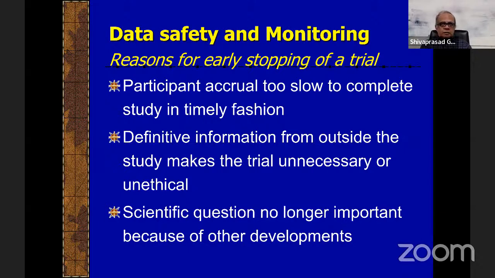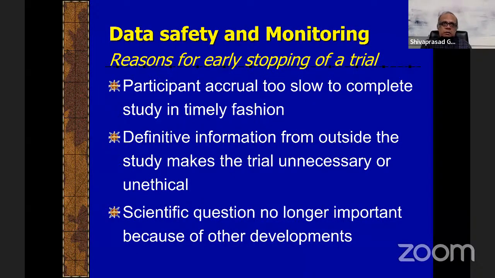The funding agency will seriously think of terminating the trial, and even the DSMB may say, well, you're taking too long to answer the research question. The question is no longer valid because there is already some other research that has been reported, which has probably answered your research question either partially or completely, and therefore there's no reason for you to continue the study.